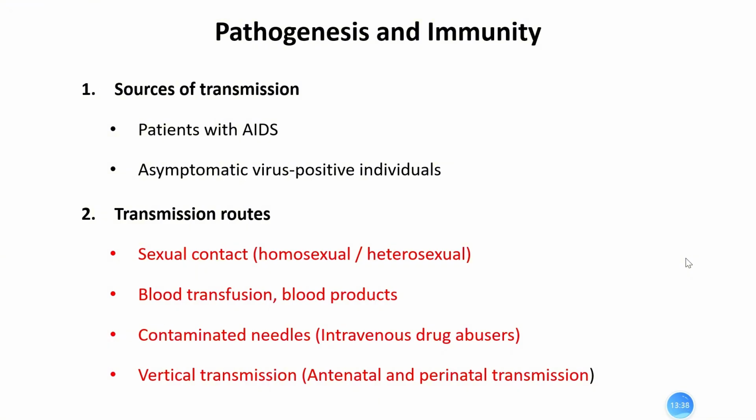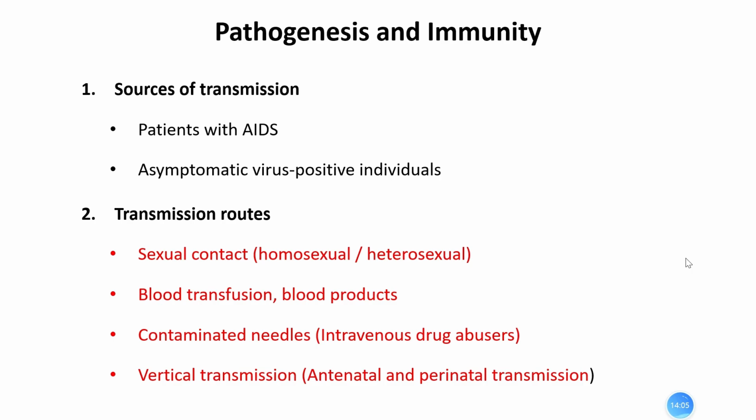So the source of infection can only be either patients with AIDS, so that's a late stage patient who already developed the syndrome, or those carriers, those virus positive individuals who are already infected by HIV but haven't developed any symptoms. Those are the only sources of HIV.